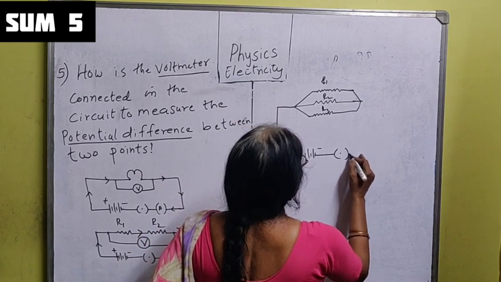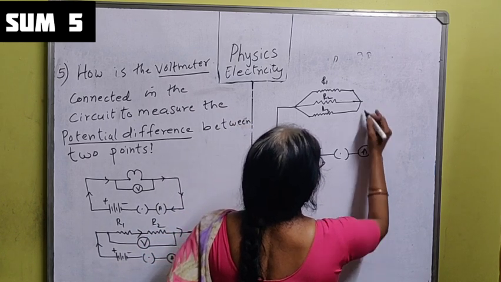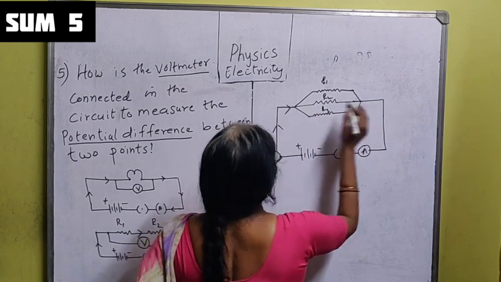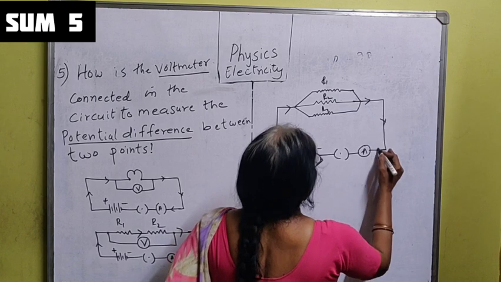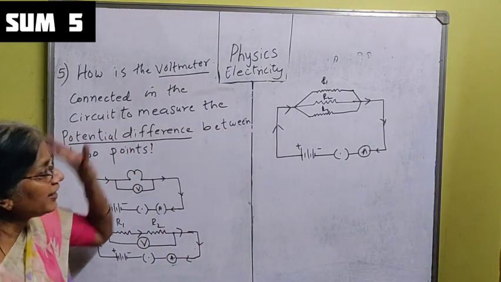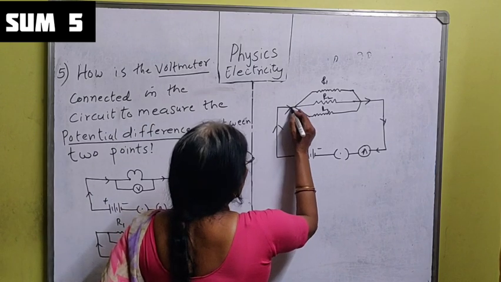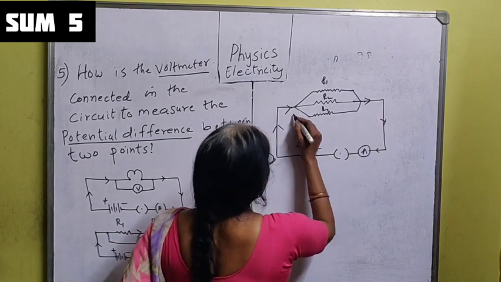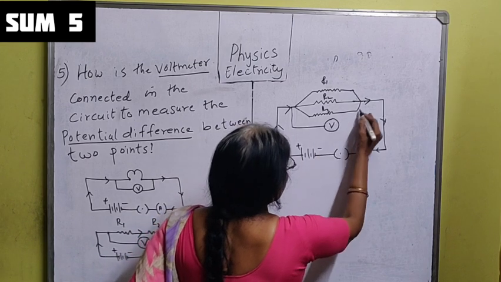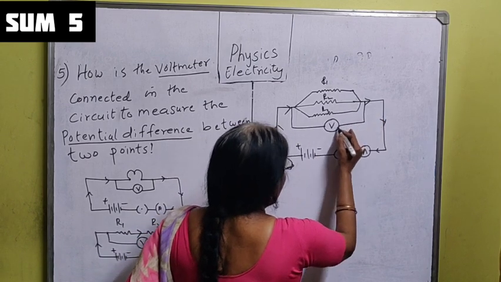This is the key and this is the ammeter and here it is connected and the current flows from positive to negative. So this is the common point over here. This is the common point. Here also the voltmeter should be connected in parallel.